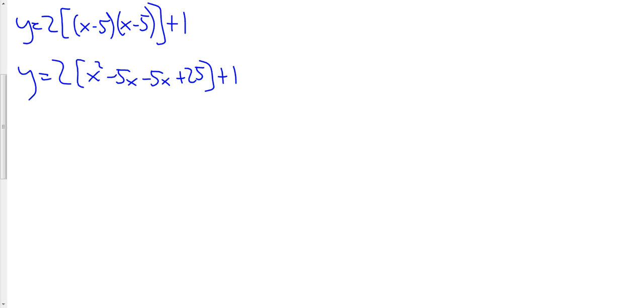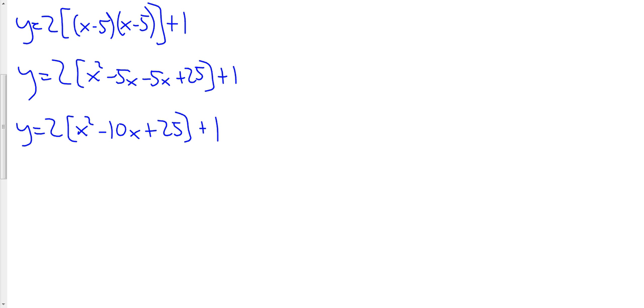Now I'm going to simplify what's in the middle. I have 2 times (x squared minus 10x, because negative 5x minus 5x gives us negative 10x, plus 25), again, plus 1.